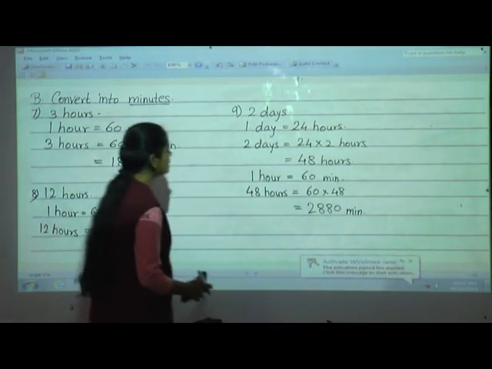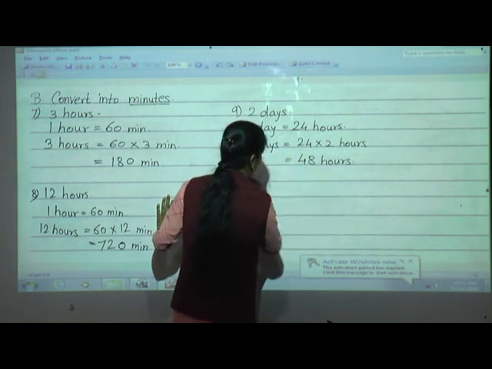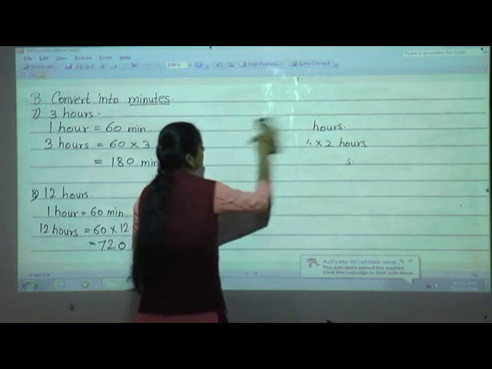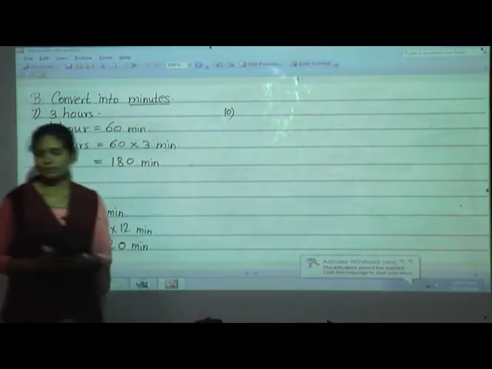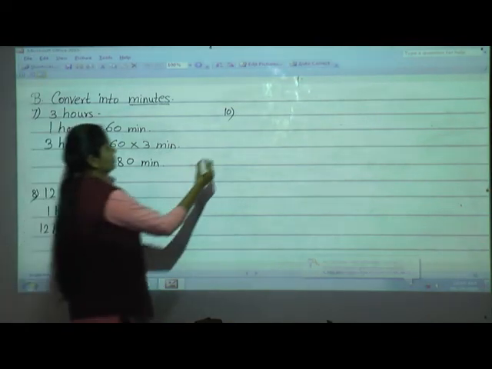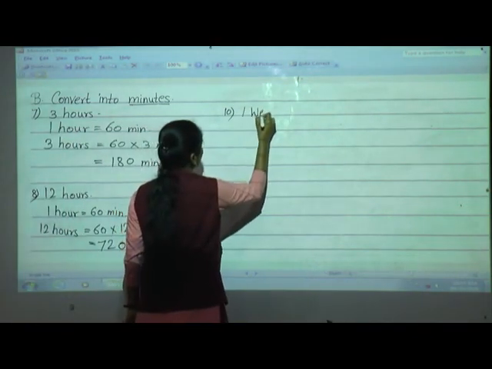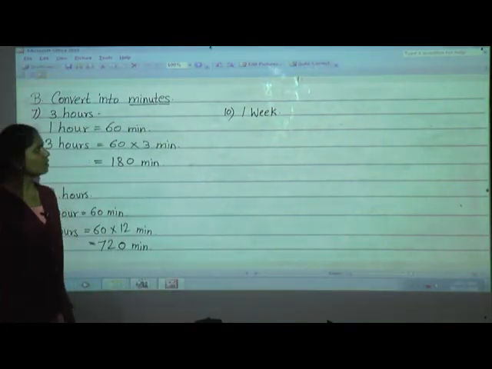One more example is remaining, that is 10th number. What is the question? Yes, 1 week. See, 1 week. This 1 week we have to convert into minutes. Okay, 1 week.